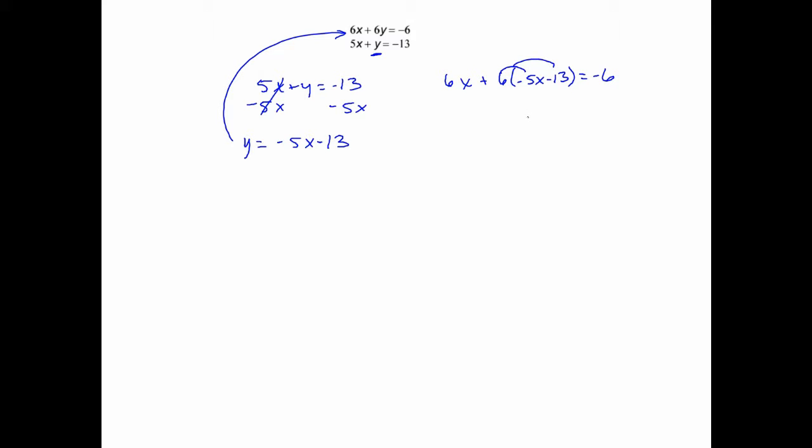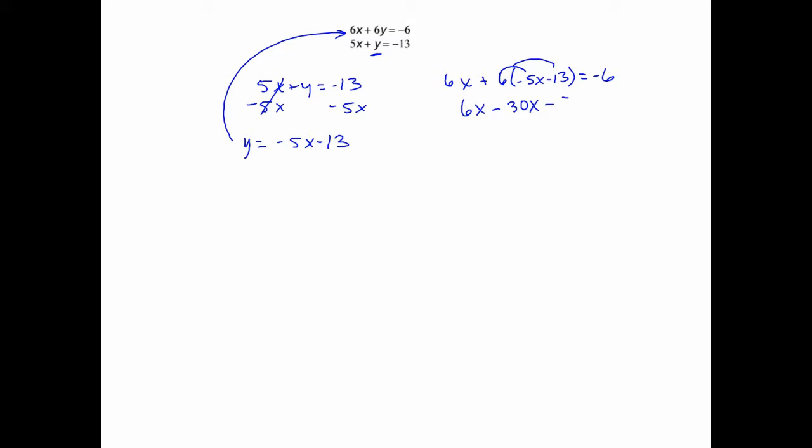Distribute. So 6x minus 30x, let's see, minus 6 times 13, that's 26, 26 and a 13, that's 39, so 78.